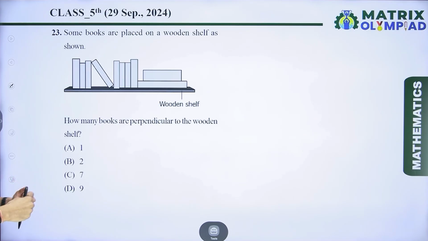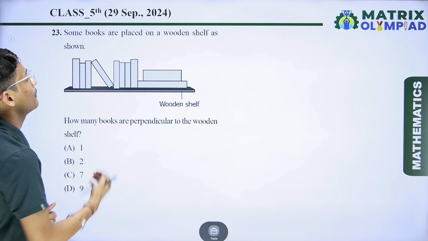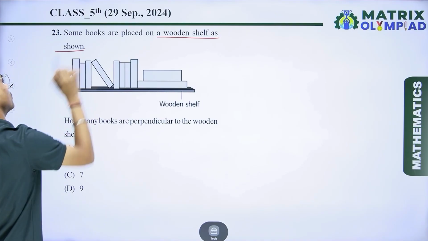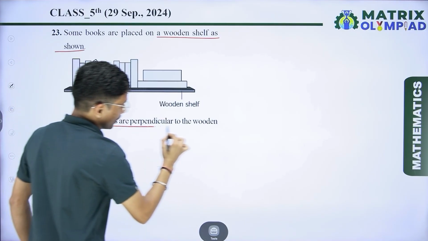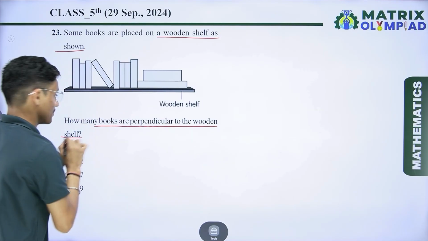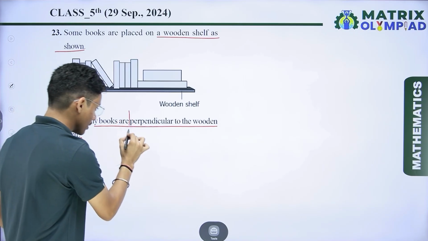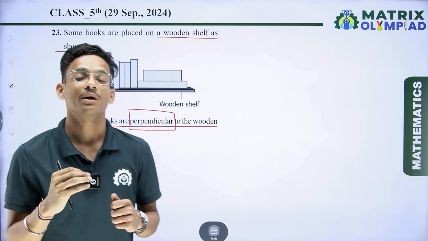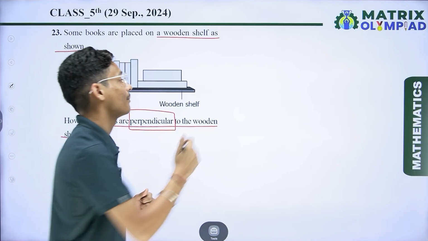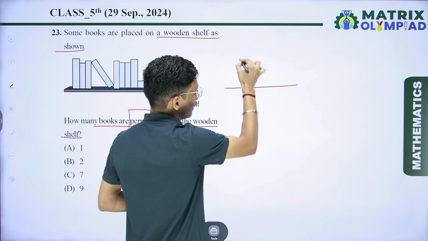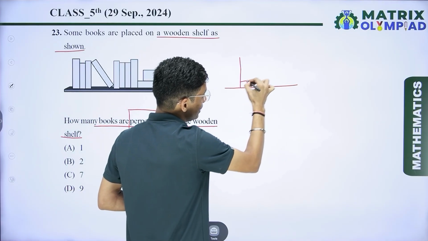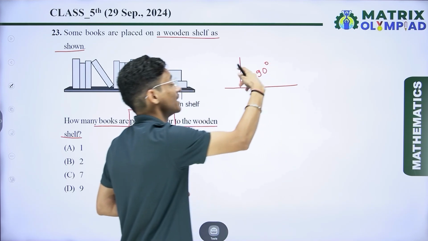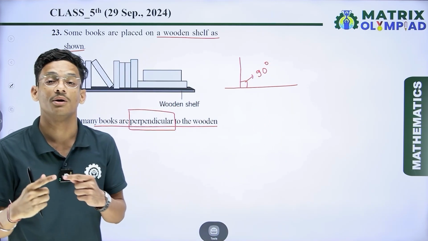Okay. Now the next question: some books are placed on a wooden shelf as shown. How many books are perpendicular to the wooden shelf? Here the word is perpendicular. Do you know the meaning of perpendicular? When two surfaces make an angle of 90 degrees between each other, these two things are called perpendicular to each other.